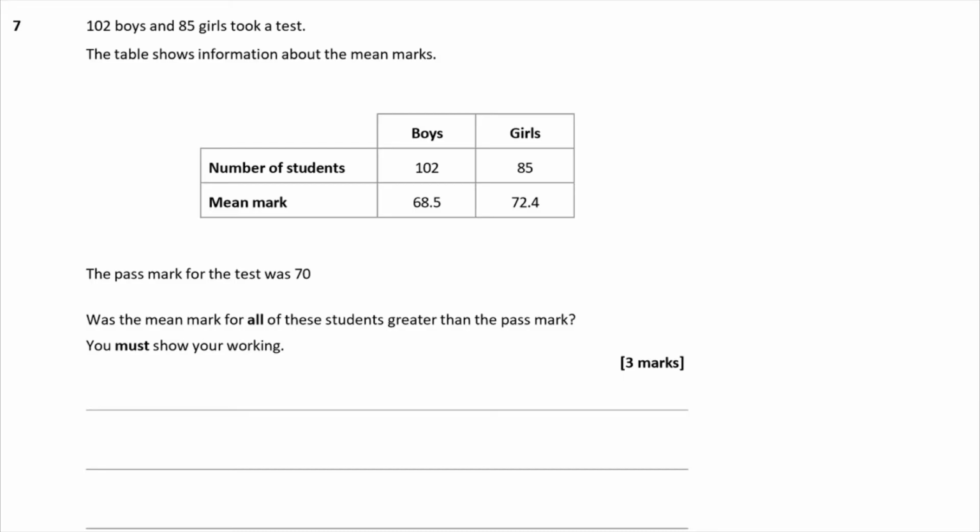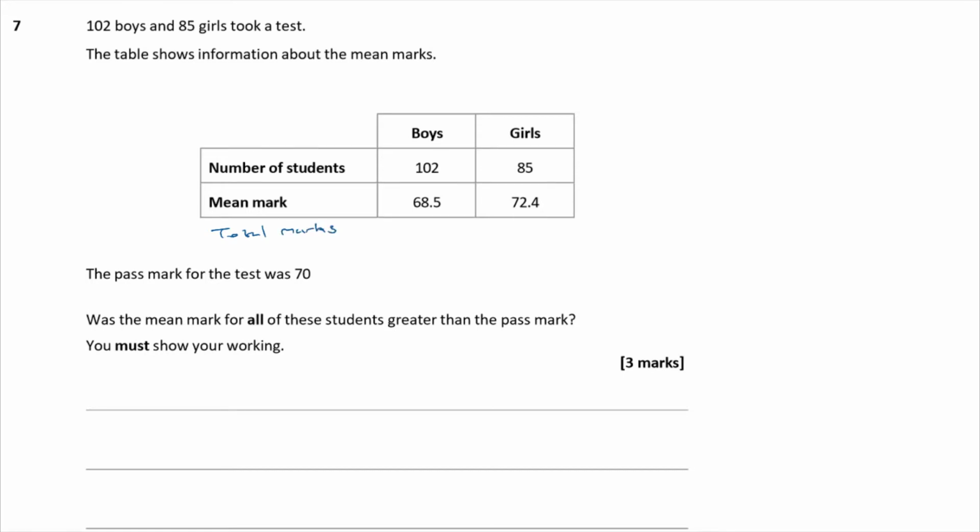You must show your working. Okay, so basically we need a kind of total amount, don't we? If I know that the mean mark for the boys was 68.5 and I know that the number of students was 102, then I can use that to work out the total marks for boys.